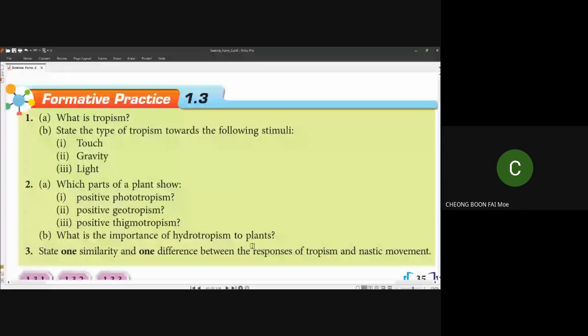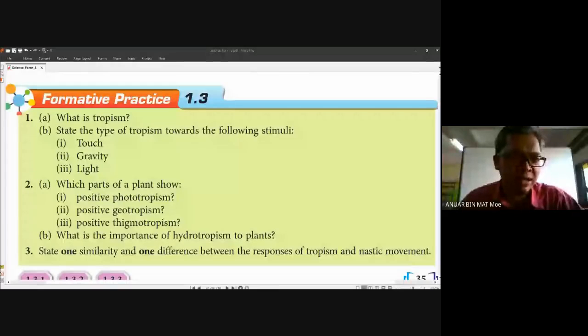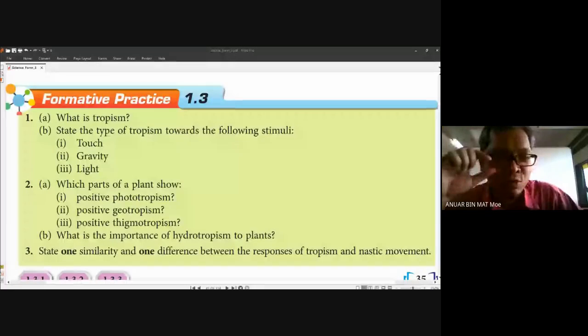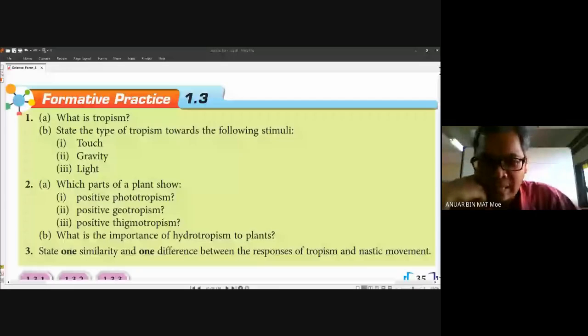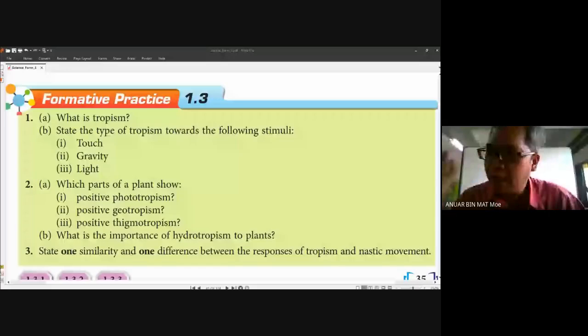If there is no question, as usual, you do formative practice 1.3. Last time I asked you to do 1.3, actually not 1.3, 1.2, I made a mistake. So right now, make sure you finish formative practice 1.1, 1.2, and 1.3.